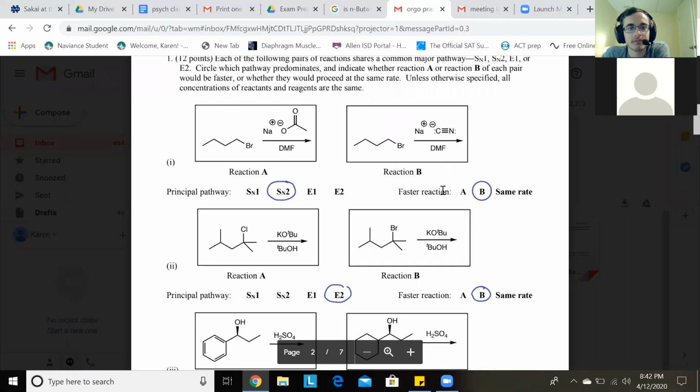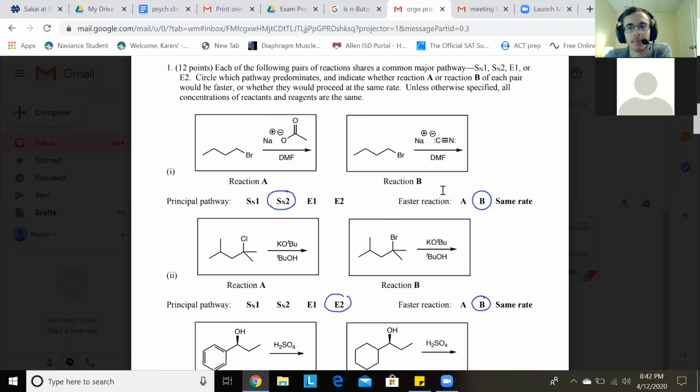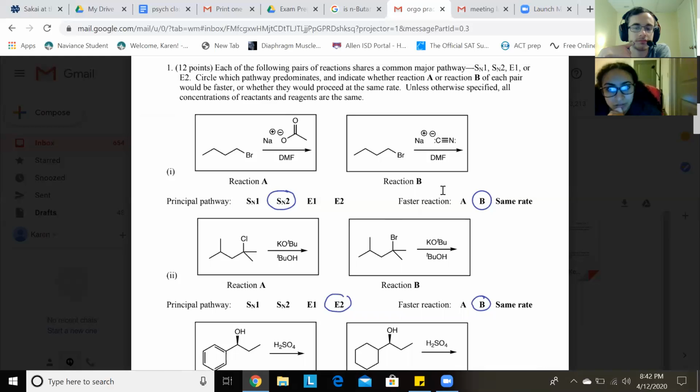Can you see it? I can see number one with the CN versus the carboxylate. Okay, so I got that it was SN2. Oh, and that makes sense. Even though the oxygen is more electronegative, the CN, because it's smaller, is better for SN2.